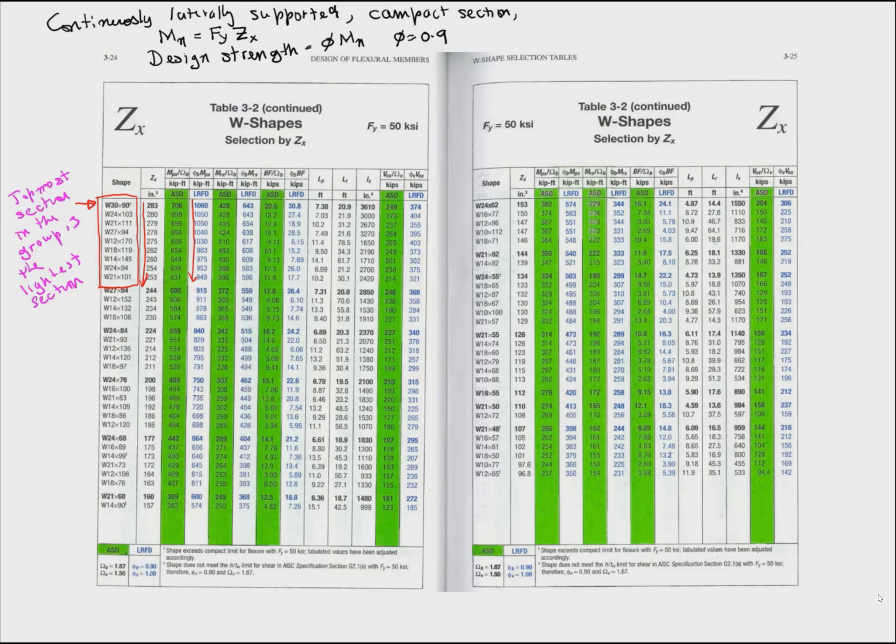So let's look at an example of how to use these tables to select a W shape. So let us consider a simply supported beam of span 25 feet, continuously laterally supported.